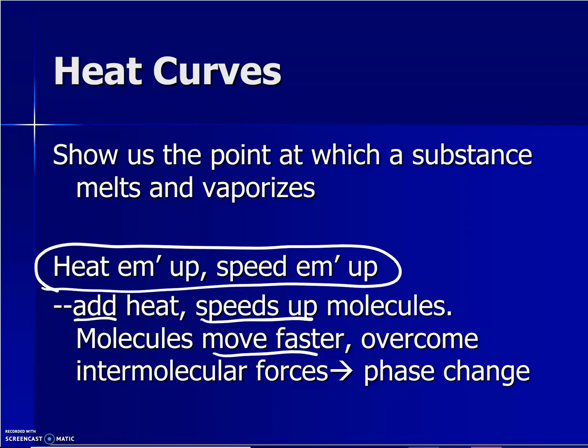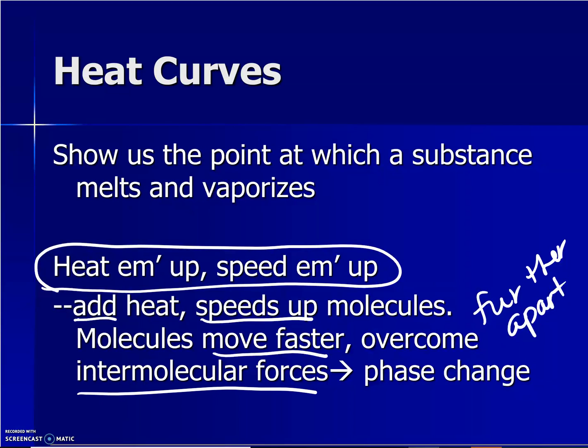The molecules move faster and move further apart as well. When they move further apart, they overcome those intermolecular forces that we talked about in one of our earlier units, like hydrogen bonding, dipole-dipole, induced dipole-dipole. Therefore, we're going to get a phase change, going from a solid to a liquid and back to a solid.